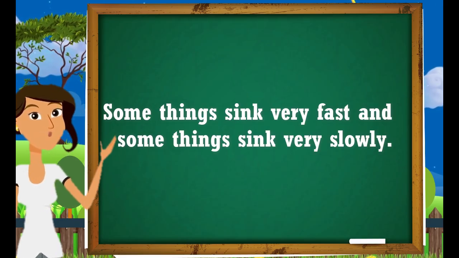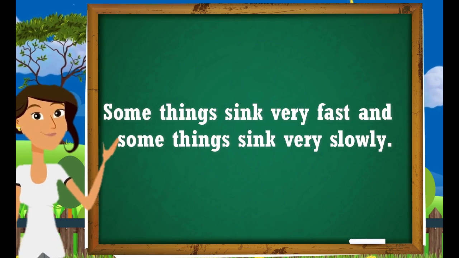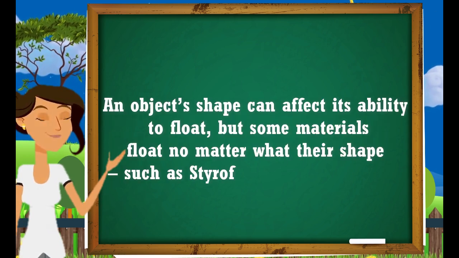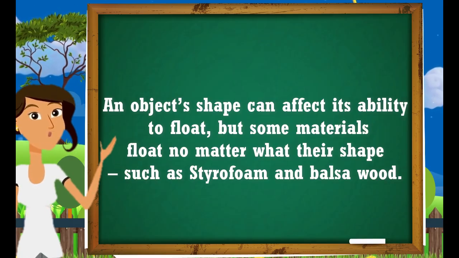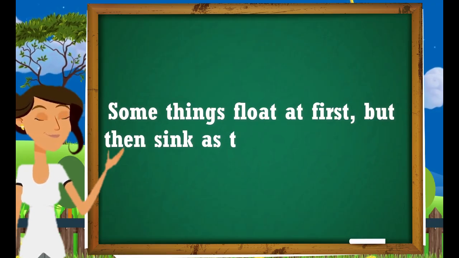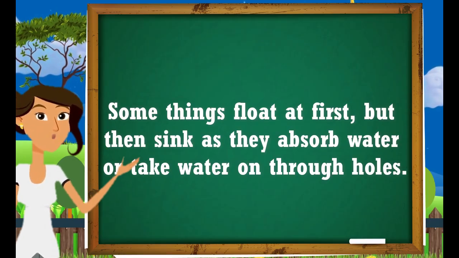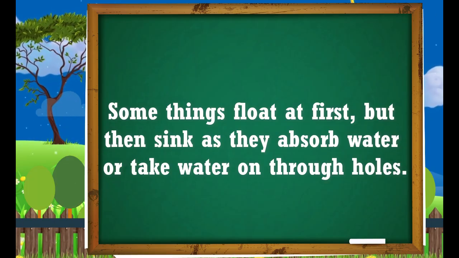Some things sink very fast, and some things sink very slowly. An object's shape can affect its ability to float, but some materials float no matter what their shape, such as styrofoam and balsa wood. Some things float at first, but then sink as they absorb water or take water on through holes.